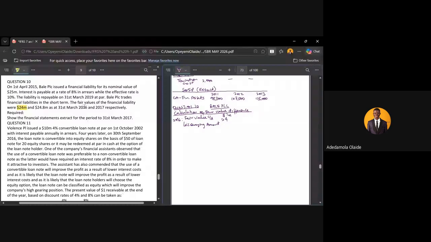The nominal value, because they would have recorded the liability at the nominal value initially. That's 25 million. So that means we have a fair value, is it a gain or a loss? Fair value loss. Loss of 1 million.